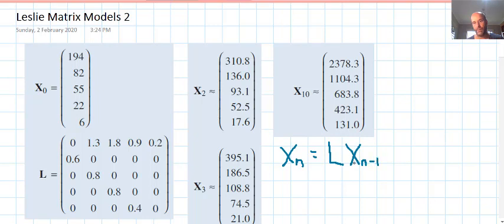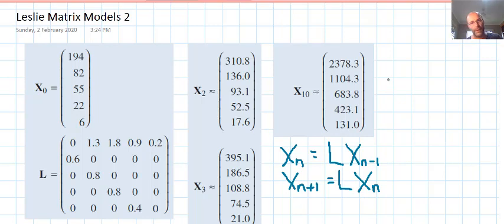So it's the Leslie matrix multiplied by the previous year to get the next one. Or you could write it like this. It's the same idea. So the current one to get the next one. Okay, so that's the same pattern.